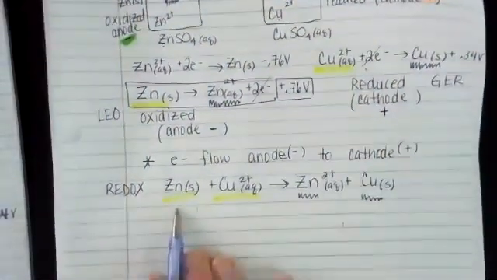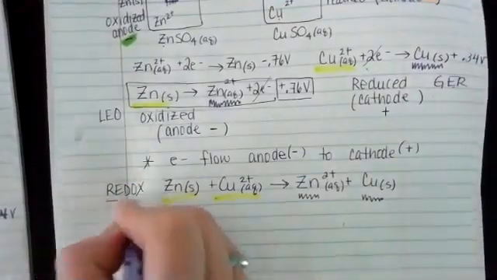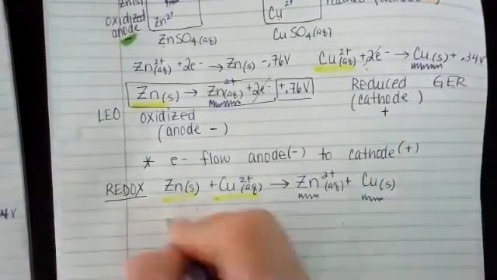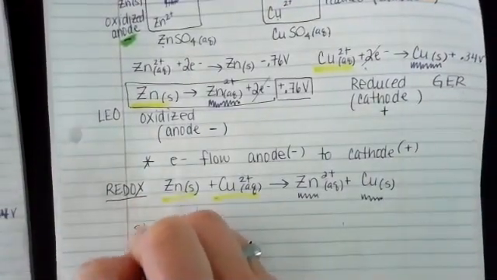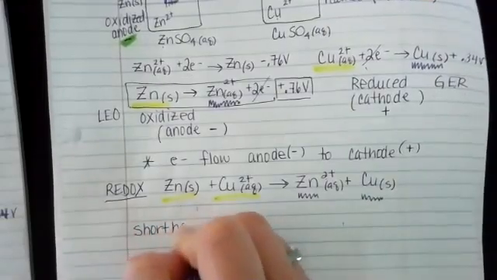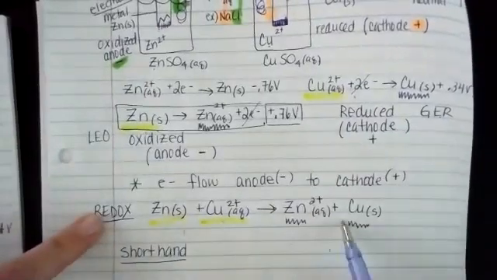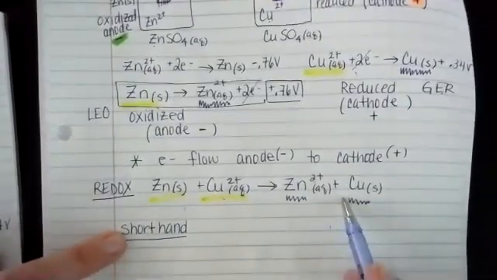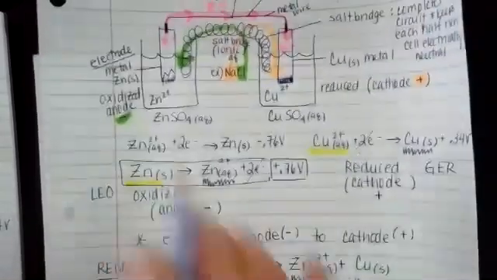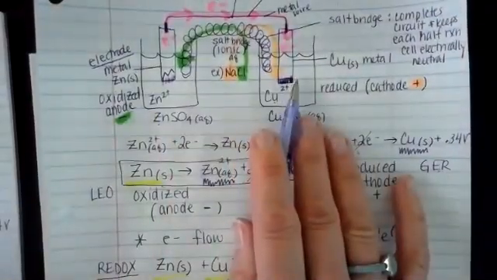Let me go back to the drawing board here. So I have my redox reaction, my long one, and then I have my shorthand. Let's take a look at my shorthand. So 2 half reactions put together, I can still make it even shorter than that. I can make it so it's focused on this cell.